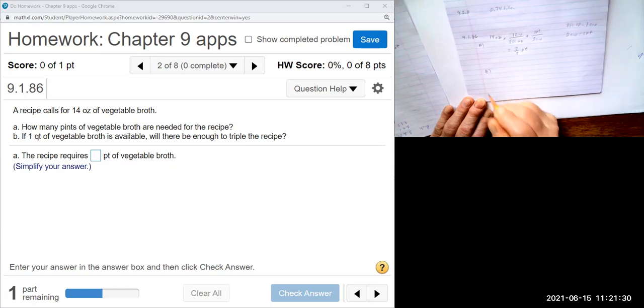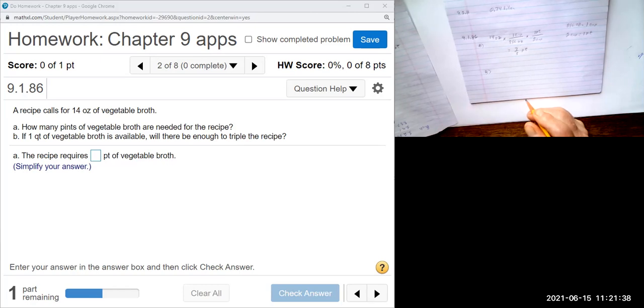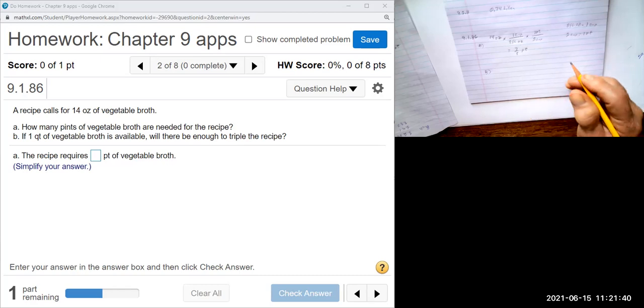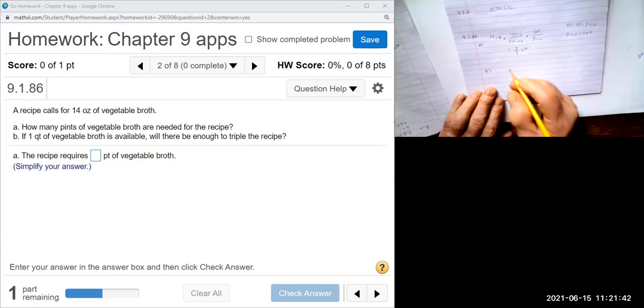Part 2 says if 1 quart of vegetable broth is available, this is how much we have available, will there be enough to triple the recipe? Well, tripling the recipe means we're going to take the recipe, which needs 7/8 of a pint, and we're going to triple it.